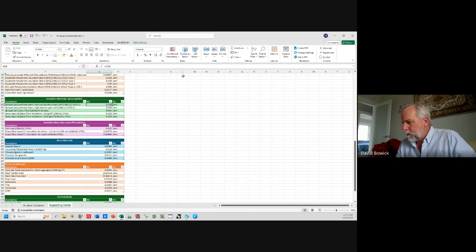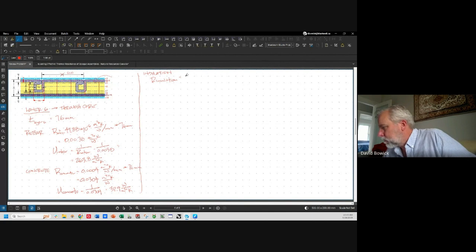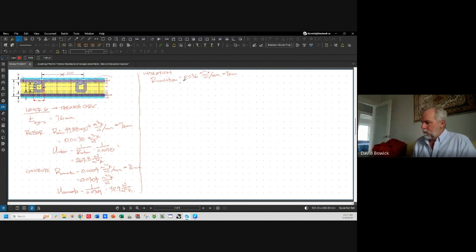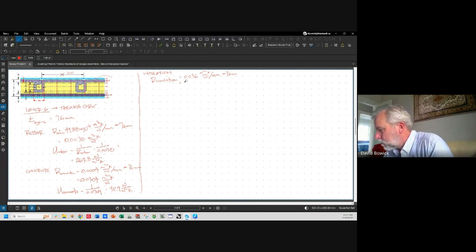We have the spray urethane foam, 0.036 meters squared degree Kelvin per watt per millimeter, times 76 millimeters, equals 2.736 meters squared degree Kelvin per watt.